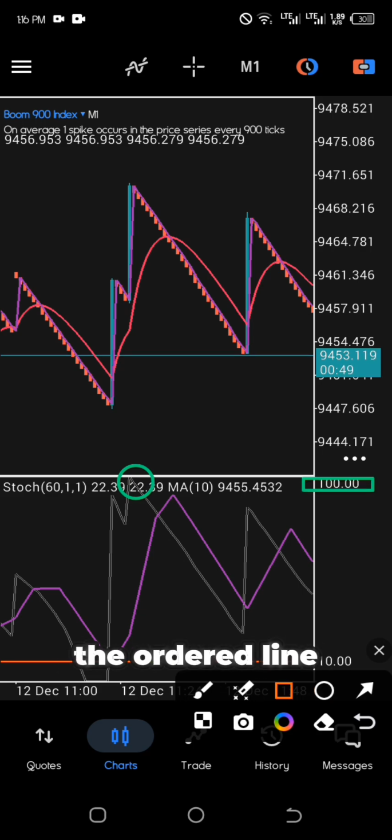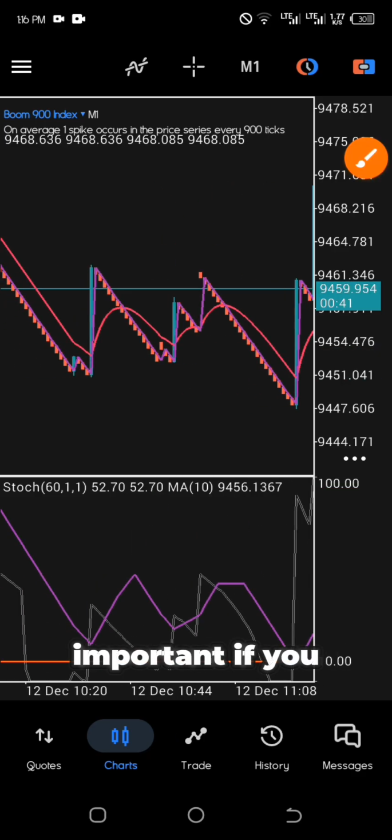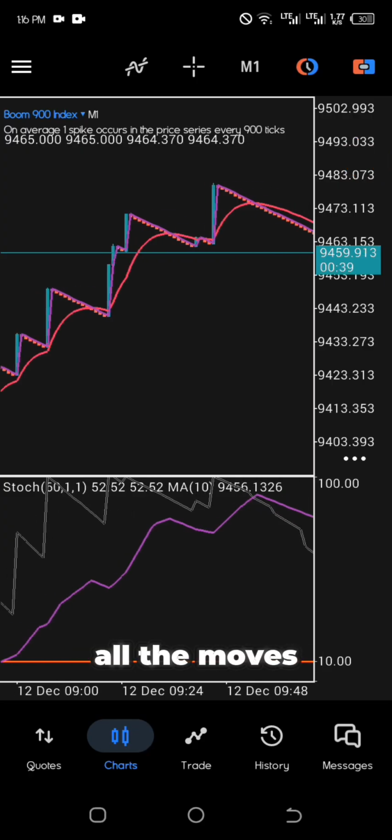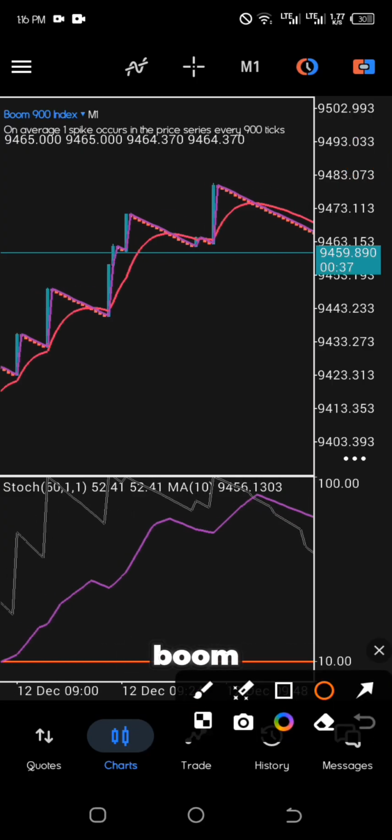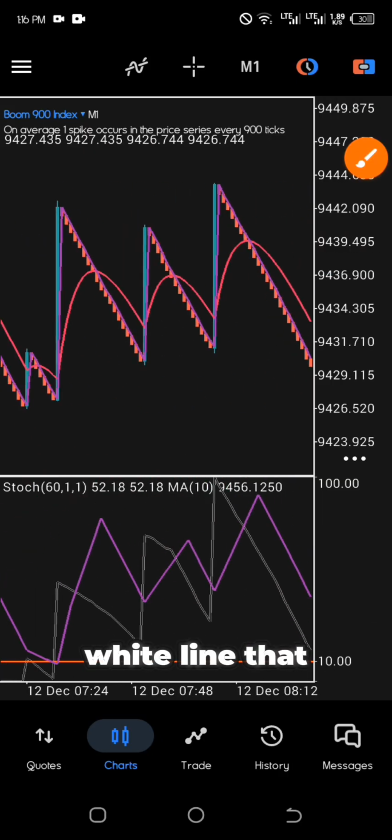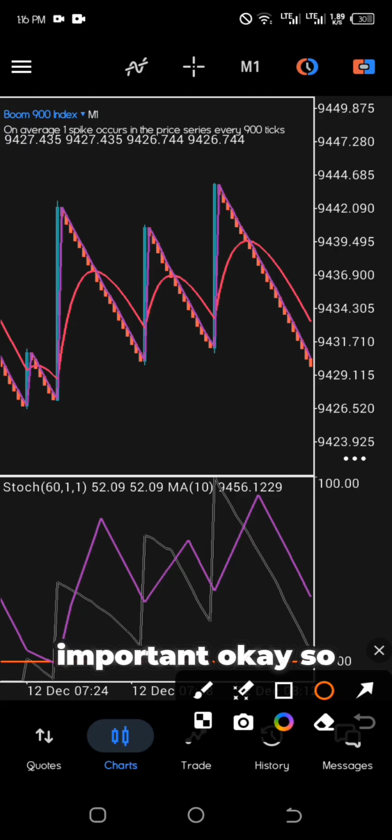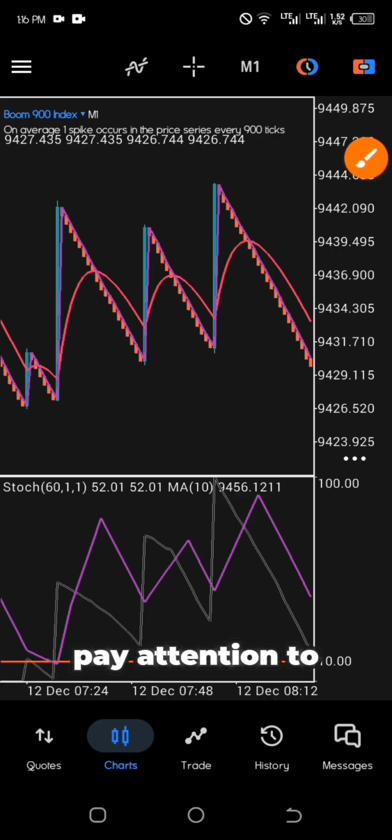You always touch the oversold line before you start thinking of taking any trade. That is very important. If you see all the moves that happen here on boom, you will see that the stochastic oscillator always touches the oversold line. Okay, so that's the first thing you want to pay attention to.